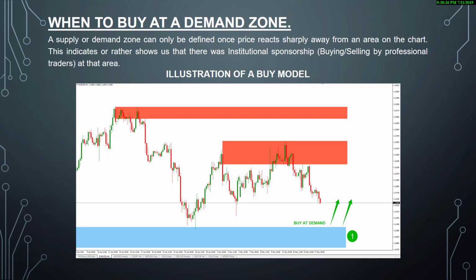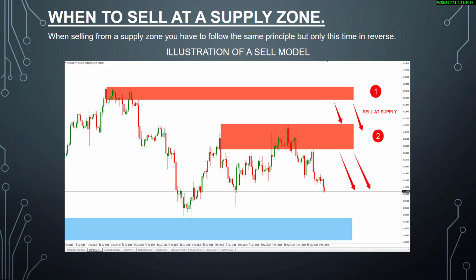Now let's look at how you sell at a supply zone. On the illustrated chart, you can clearly see that price rapidly moved away from this zone here. Market was ranging and then rapidly moved away.